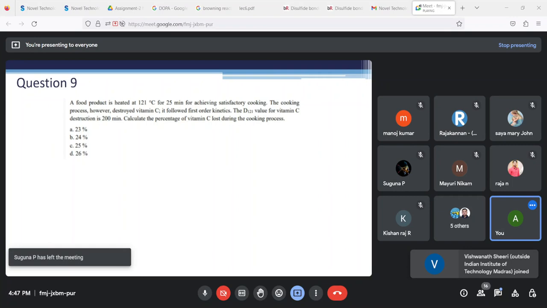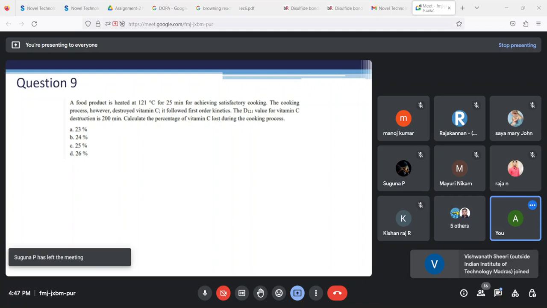So what can we find out from the D value, if you remember our previous numerical procedure? The D value is the time taken to reduce anything.